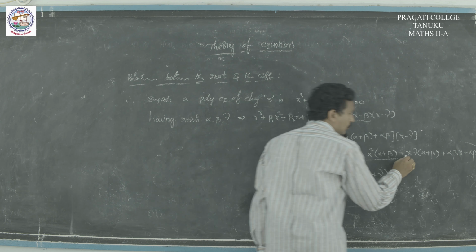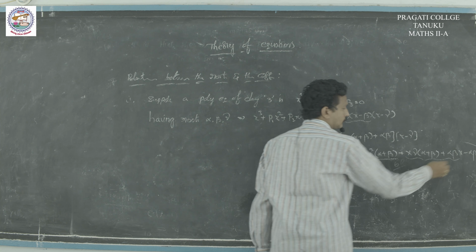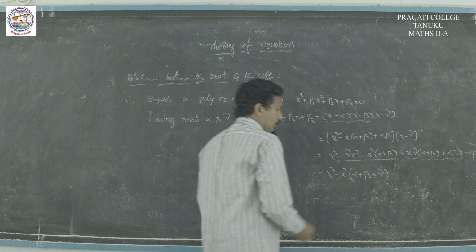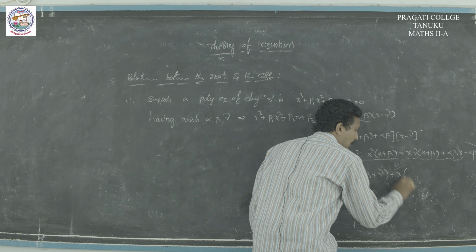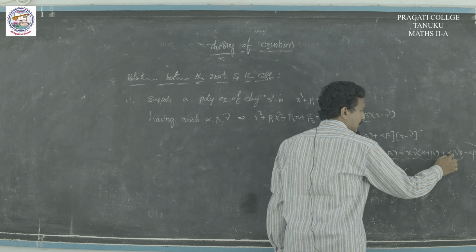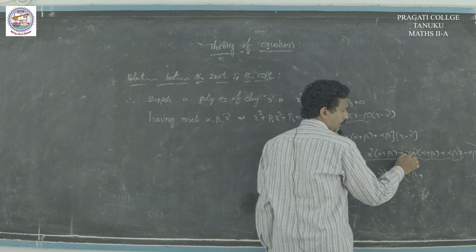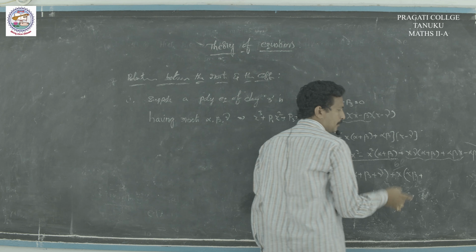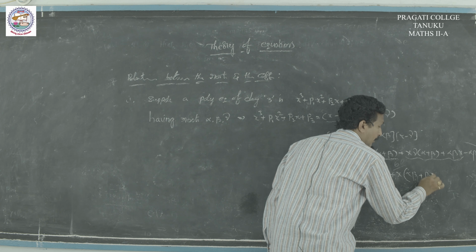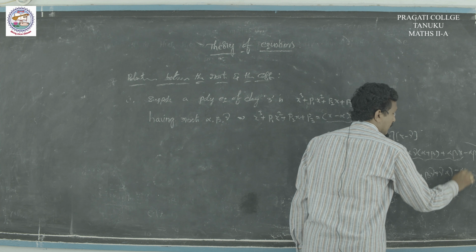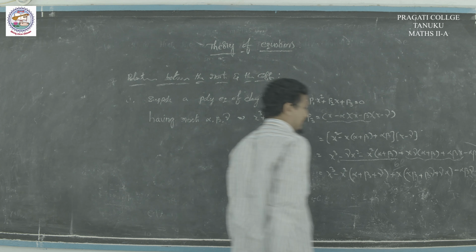And in these terms, what is the common term? X is the common term. So x comes out, and the remaining term is alpha beta plus beta gamma plus gamma alpha, minus alpha beta gamma.